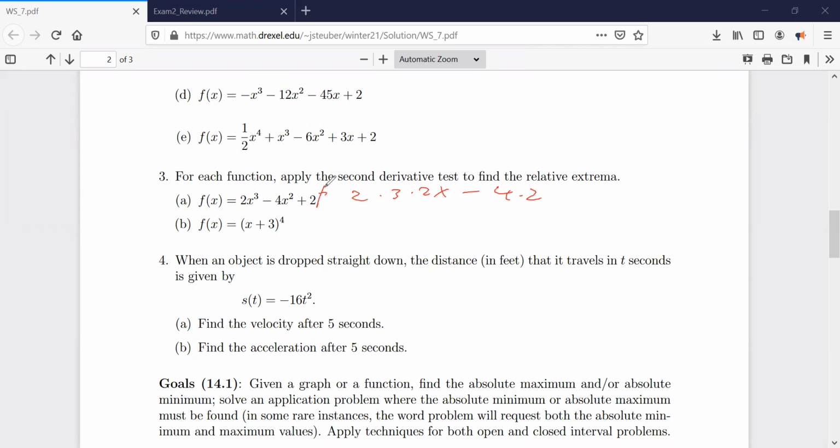So the second derivative is equal to 12x minus 8, right? I set this equal to 0, and I get that it happens at x equals 4/3, right?